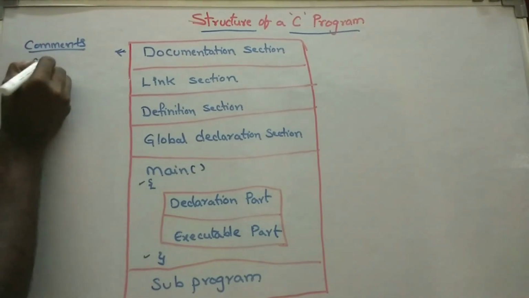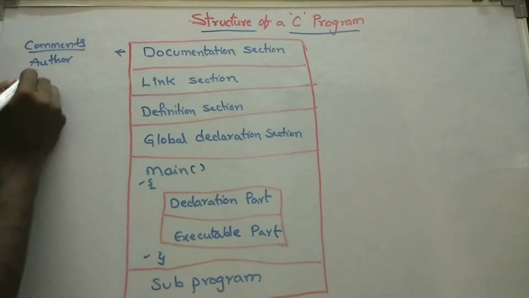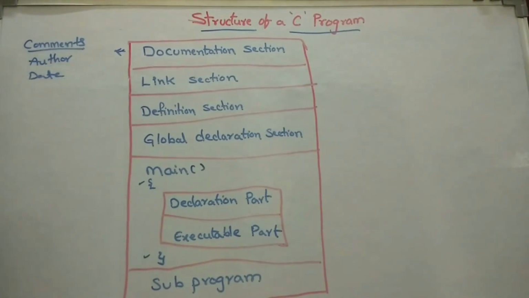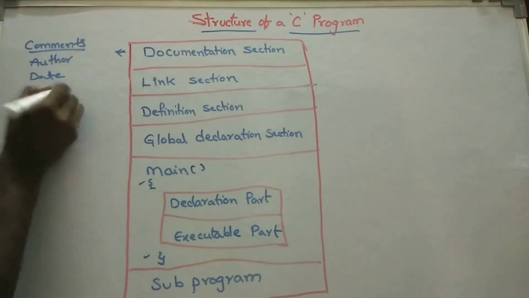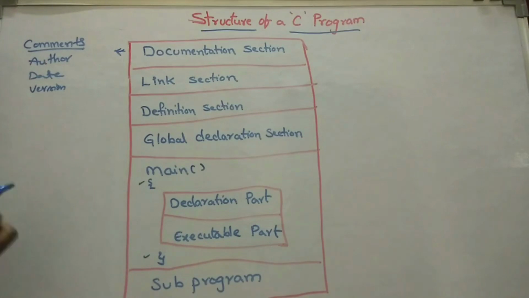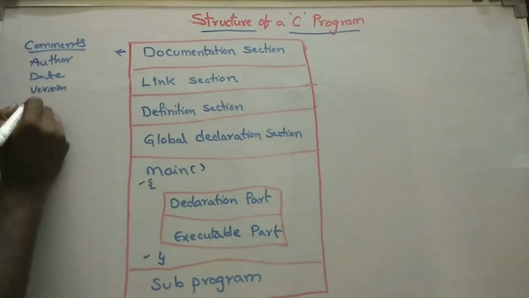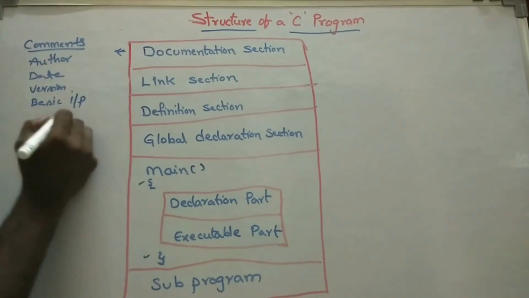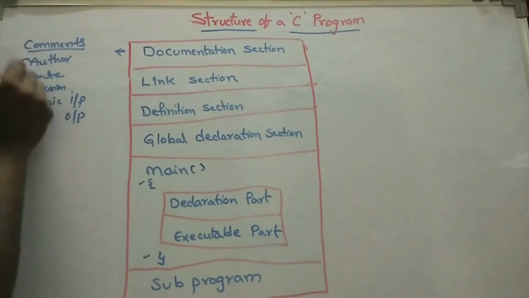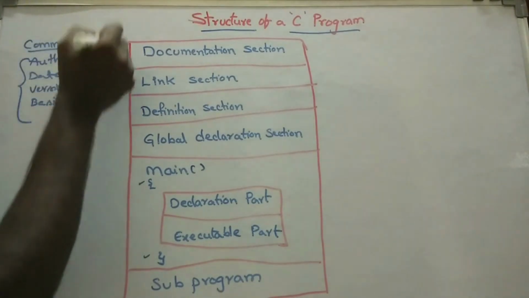Like I want to write the author name, the date on which I developed the program or code, the version of my application or software or IDE, what my basic input is, and what my expected output is.